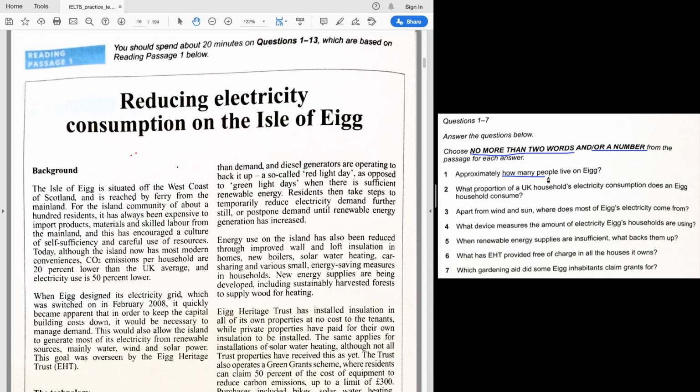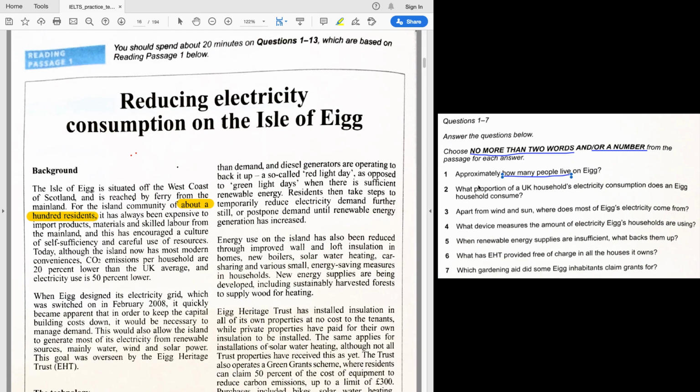Approximately how many people live in Wight? So this is very simple. How many people live in Wight? Let's look at the text. The Isle of Wight is situated... the island community of about 100 residents. About here corresponds with the word approximately.